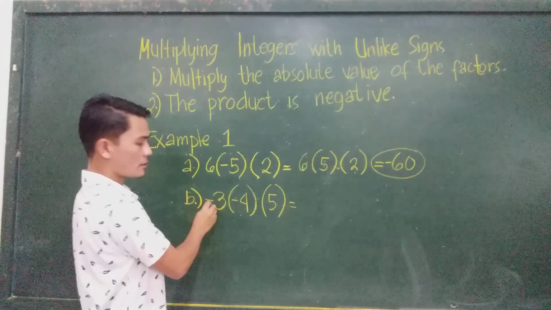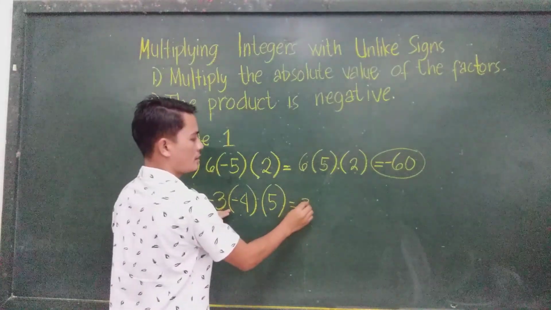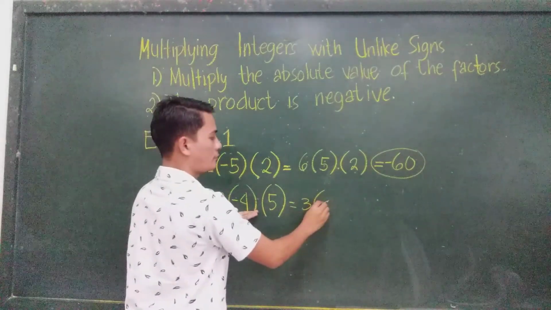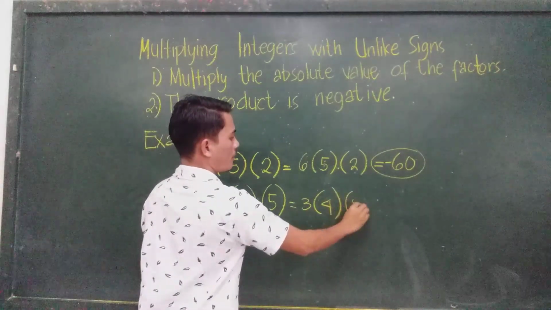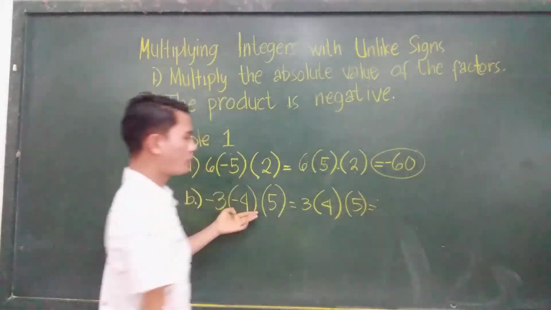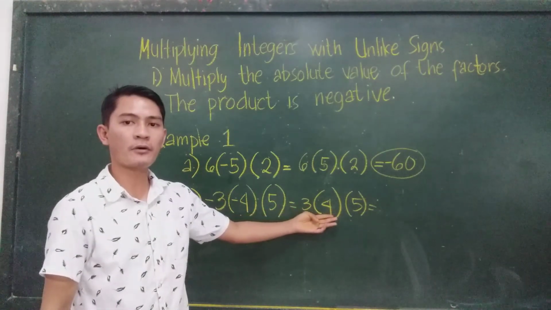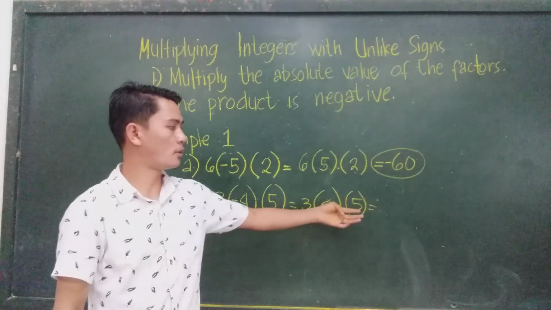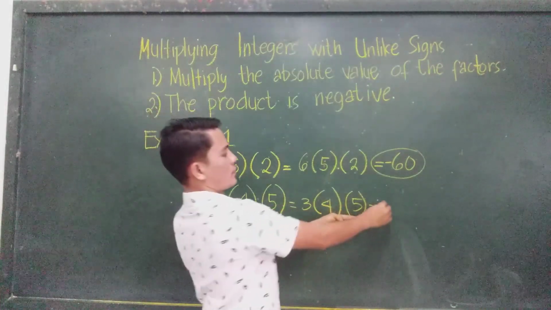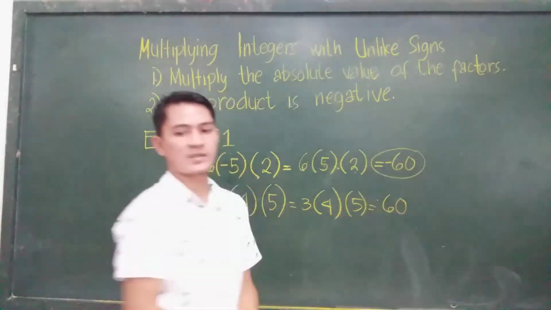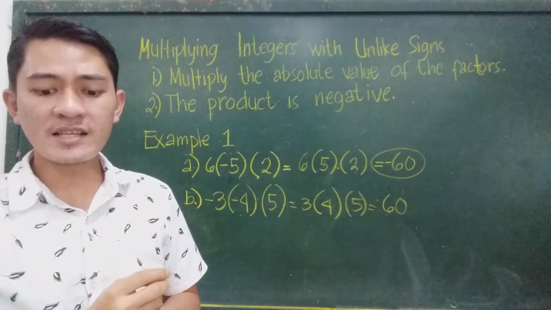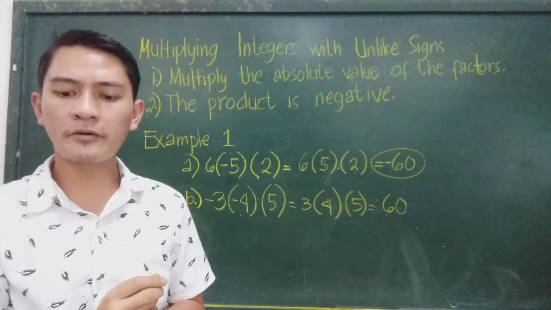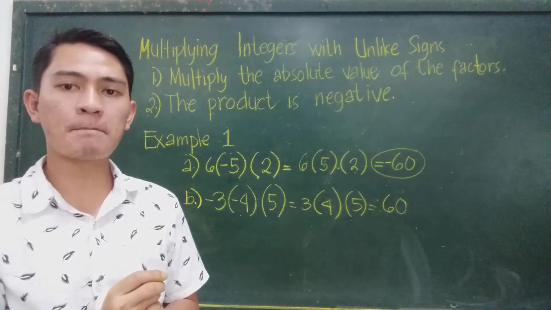The absolute value of negative 3 is 3, multiplied by the absolute value of negative 4, which is 4, multiplied by 5. Therefore, 3 multiplied by 4, the answer will be 12, multiplied by 5, the answer will be 60. There is an even number of negative factors, therefore the product is positive.